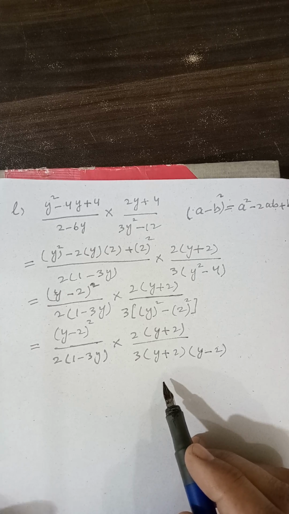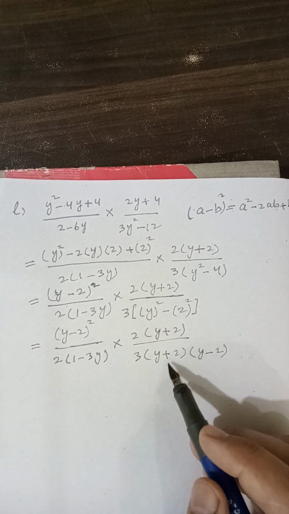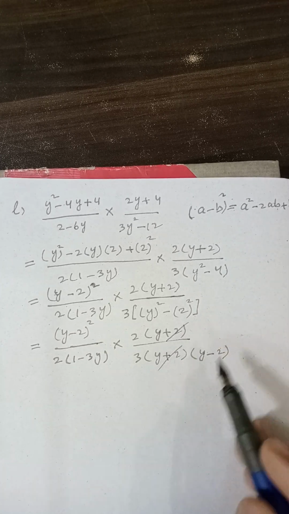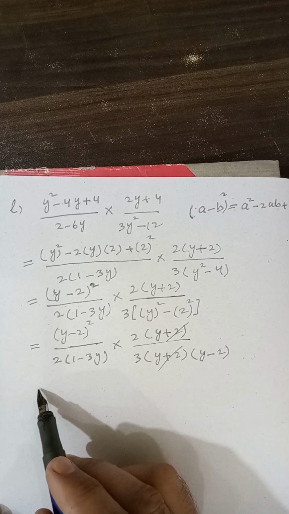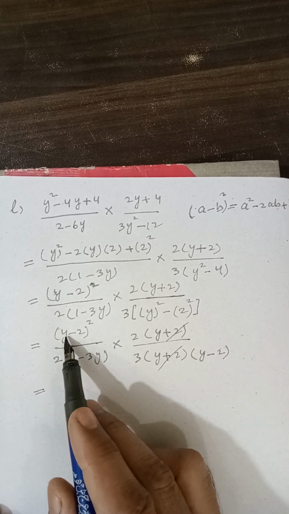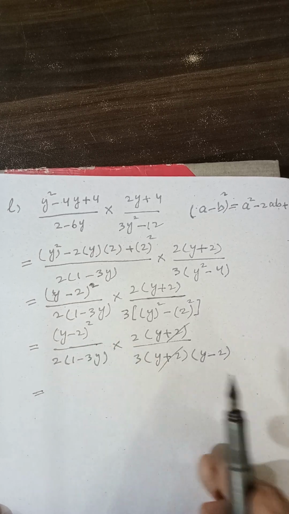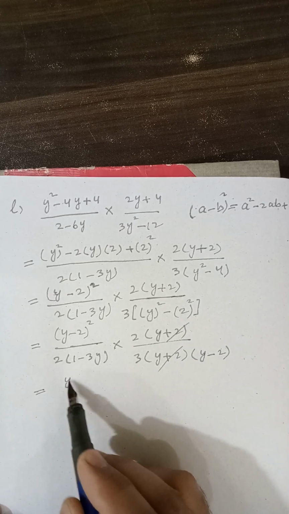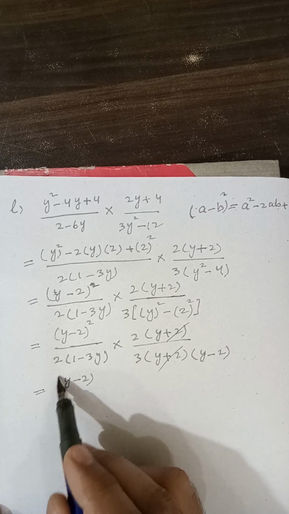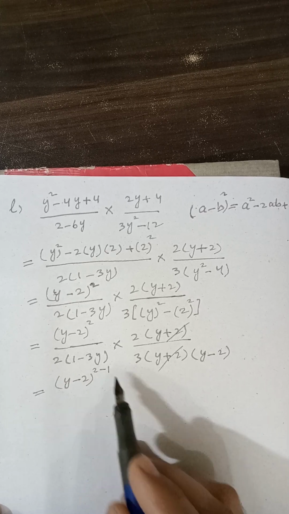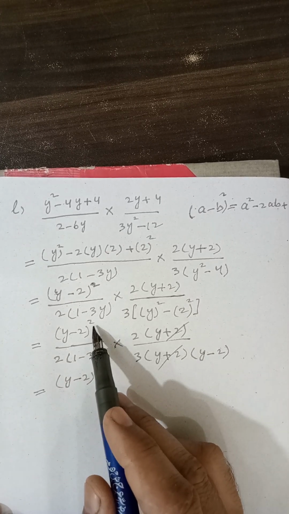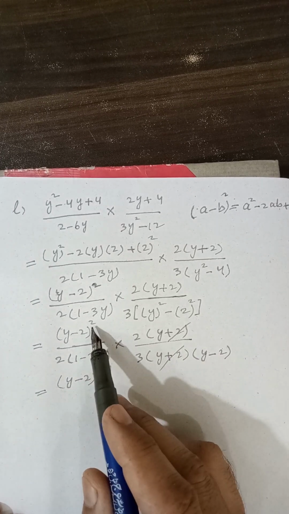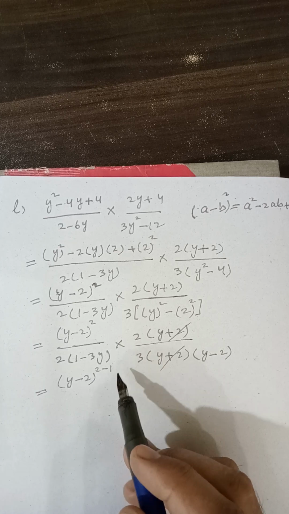Now you know that you can cancel out these two. These are simply the same terms, and for the remaining term, y minus 2 has exponent 2, while this y minus 2 has exponent 1. So y minus 2, its exponent is subtracted here, 2 minus 1.